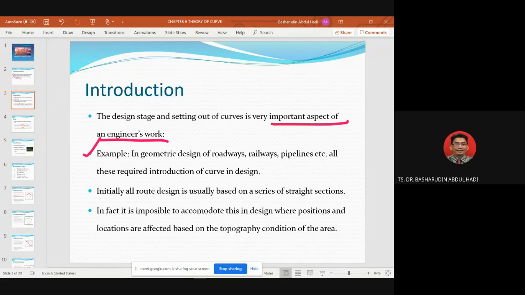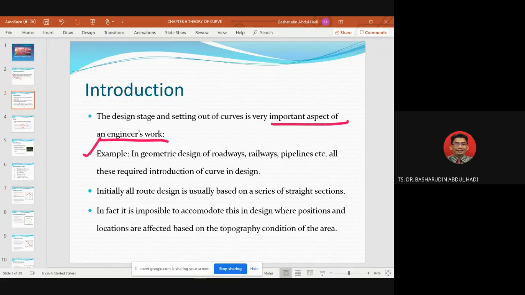I have one of my friends who now works, I think, at UniKL. My friend is involved in designing railway alignment. You know that from KL Central going to KLIA 1 and KLIA 2, you have a train, under Berjaya Group, right? That train needs tracks, or we call it railways.